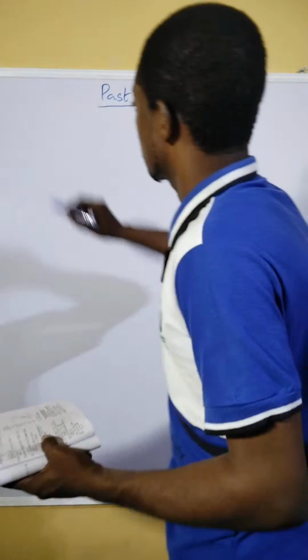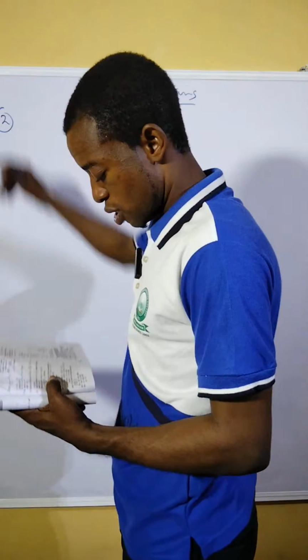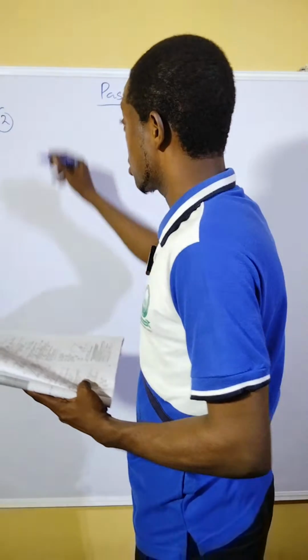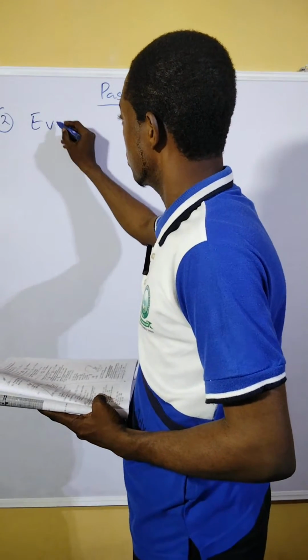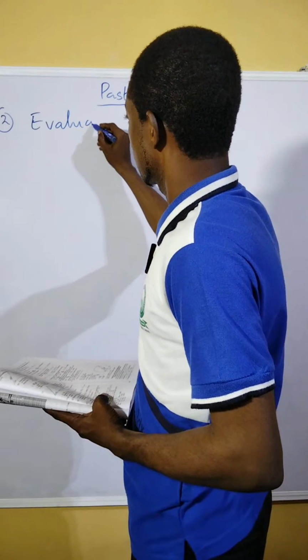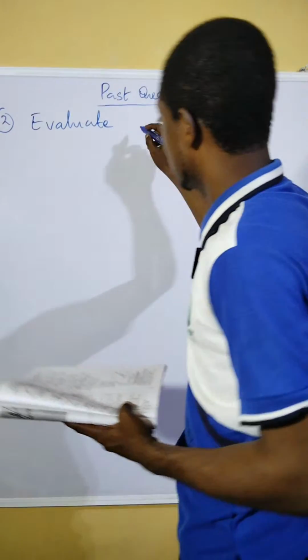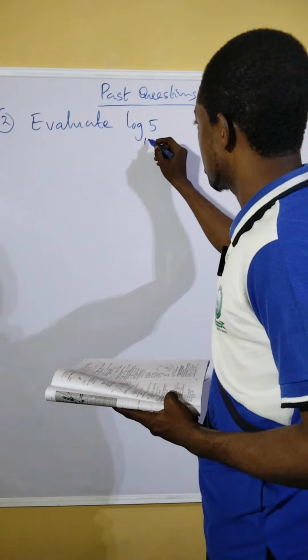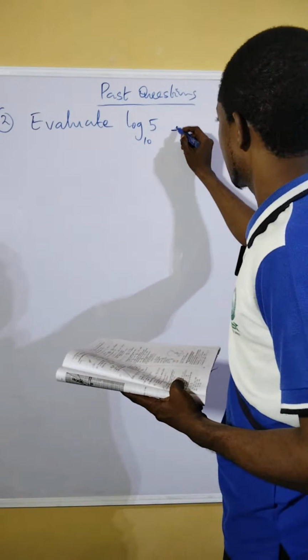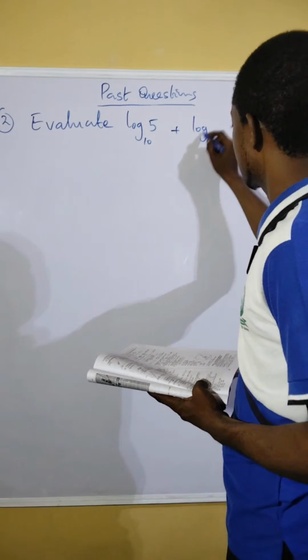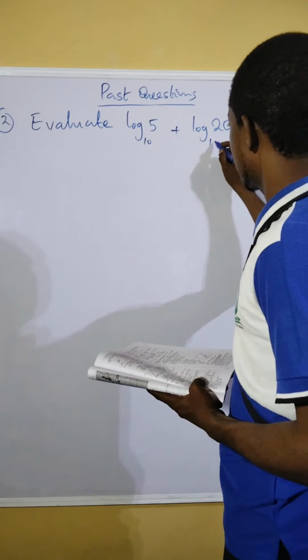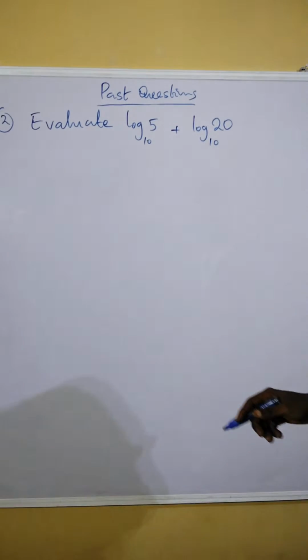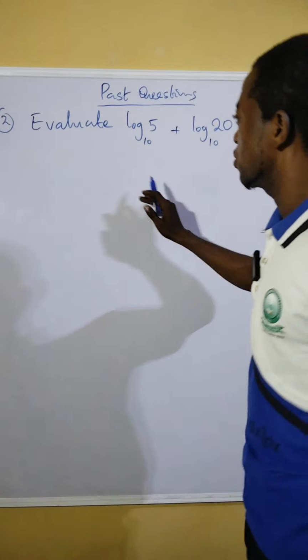Number 2 question, we have to evaluate log 5 base 10 plus log 20 base 10. From what we have here, we can apply the law of logarithm.